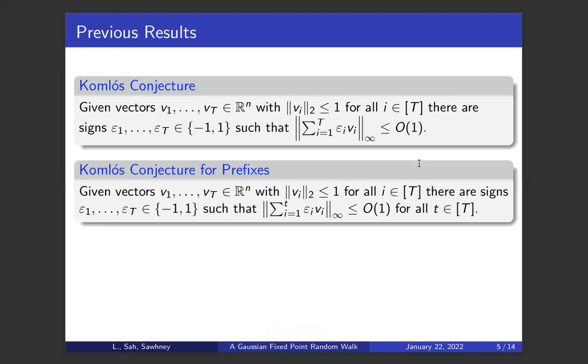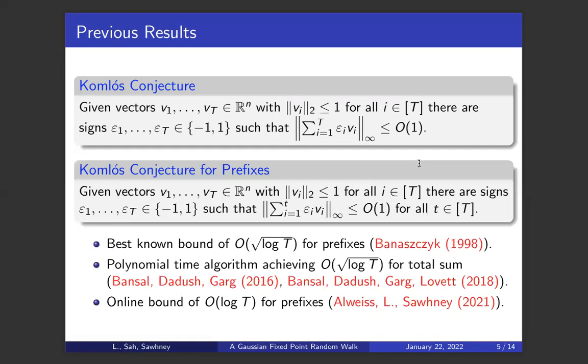An even stronger conjecture, the Komlós conjecture for prefixes, as I'm going to call it, asks whether given vectors with L2 norm at most 1, the same setting as the Komlós conjecture, there are signs epsilon 1 through epsilon t that are plus or minus 1, such that all signed partial sums for all the prefixes are also at most O of 1.